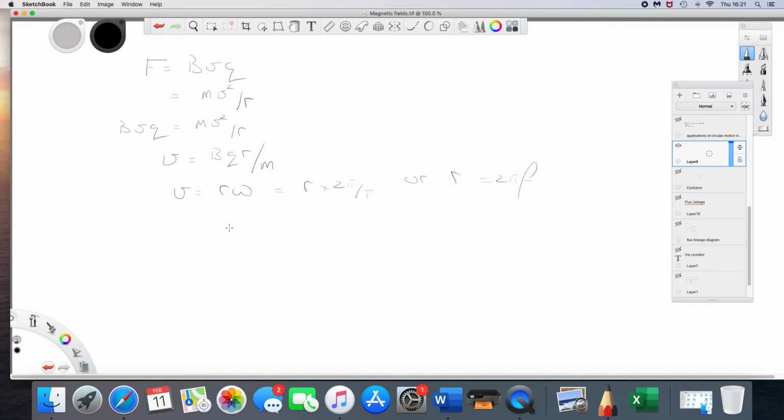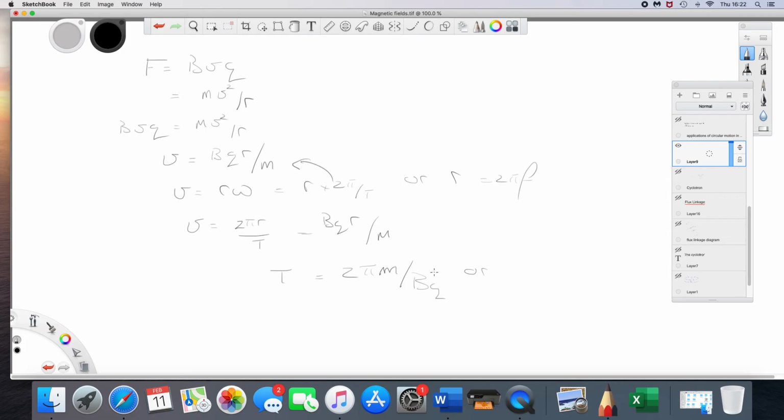So if we put V equal to this in here, we've got 2 pi r over T equals BQR over M. We get an expression for T equal to 2 pi M over BQ.